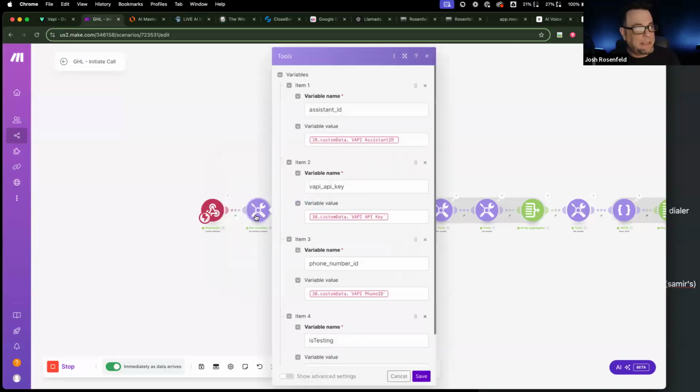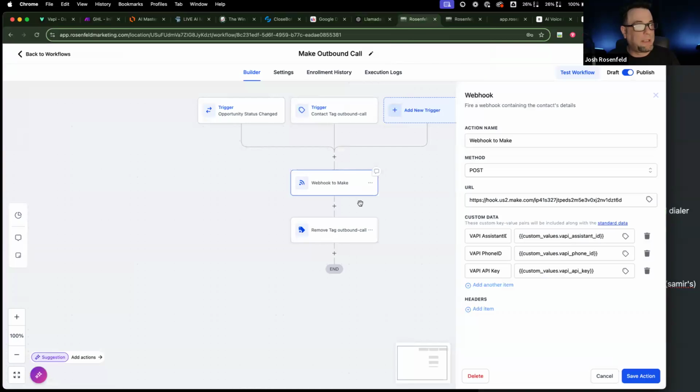I already set this up for you, where I'm taking the custom data that gets sent through the webhook. There's this webhook, and I added 3 custom data values with the custom variables. So if you want to send stuff to any webhook, here's the thing, guys.